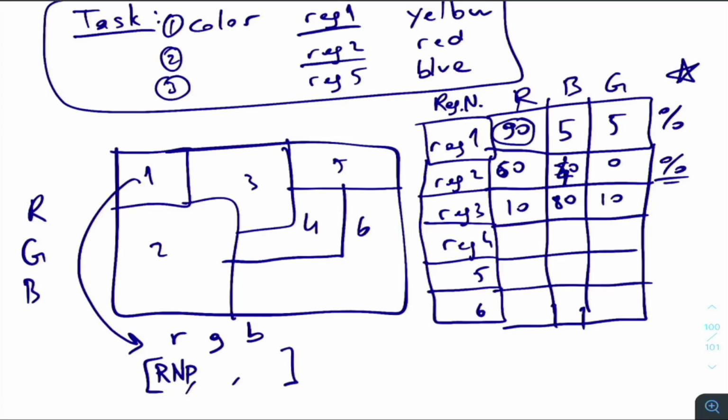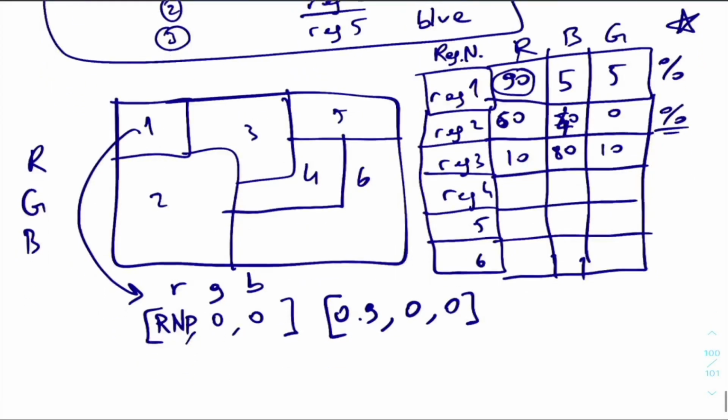For example, it is 90%, but you're going to normalize between 0 and 1. For that region 1, you will say 0.9, right? And comma 0 and comma 0. You may want to do other types of coloring, but this is the first one I think some would do, right?